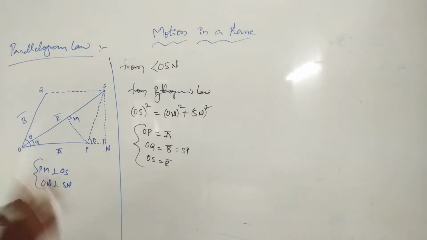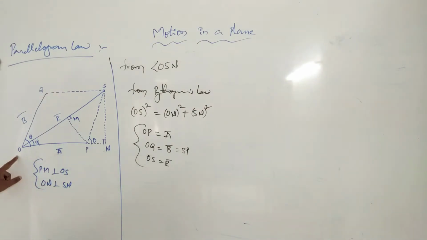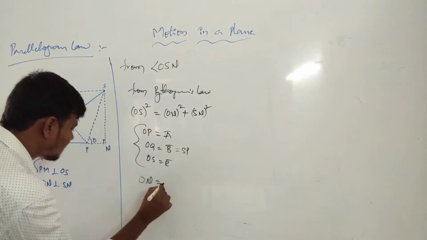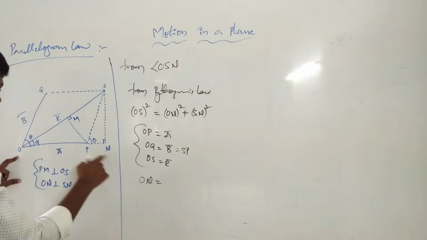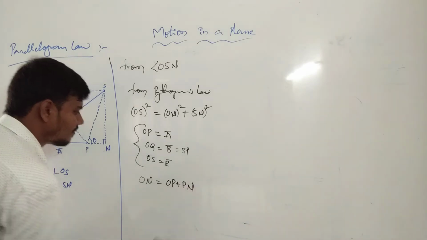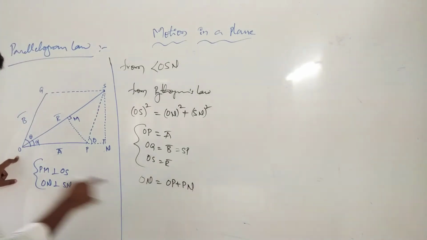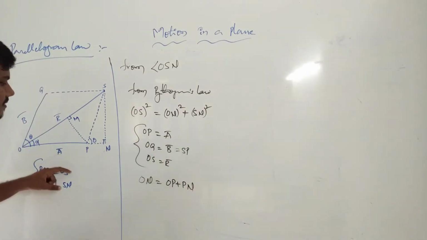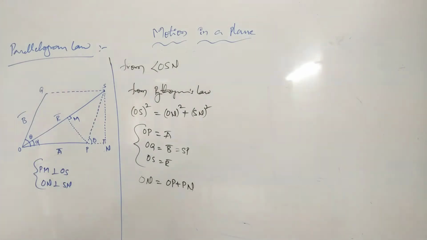Now, since we are taking the first one, ON is equal to OP plus PN. Since OP is equal to A bar, we are introducing PN. Now PN is equal to how much?